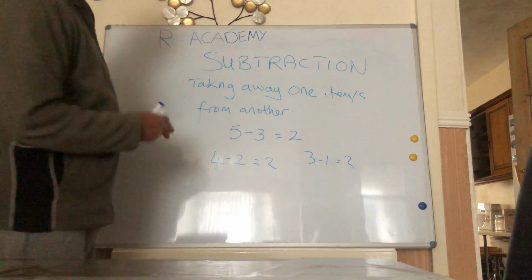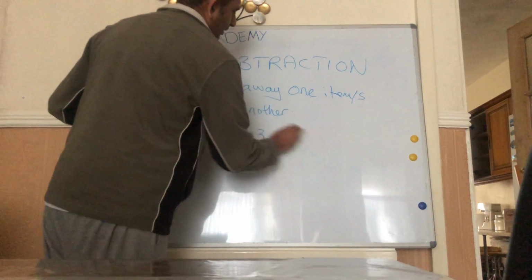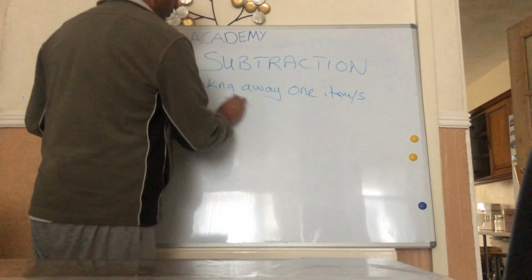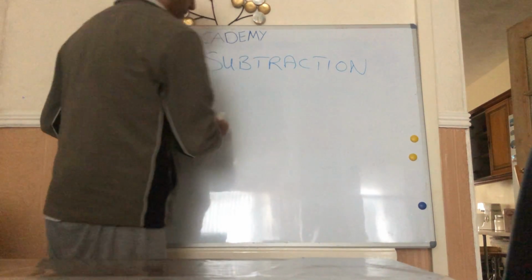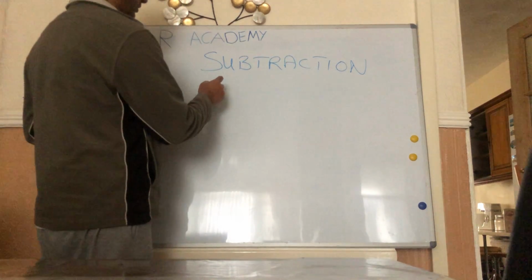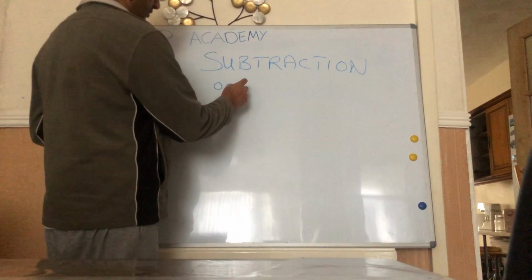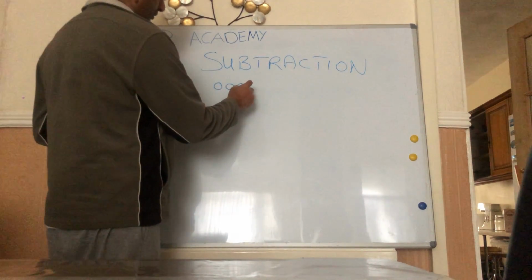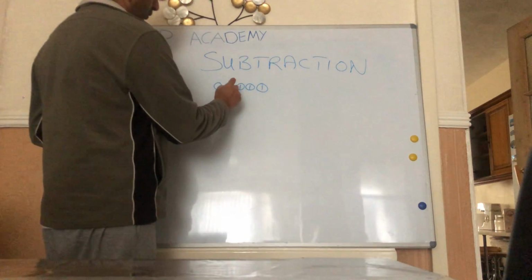So that's what subtraction is. But for those who don't understand it that way, we could think of them as 1-pence pieces. So these are 1-pence pieces.